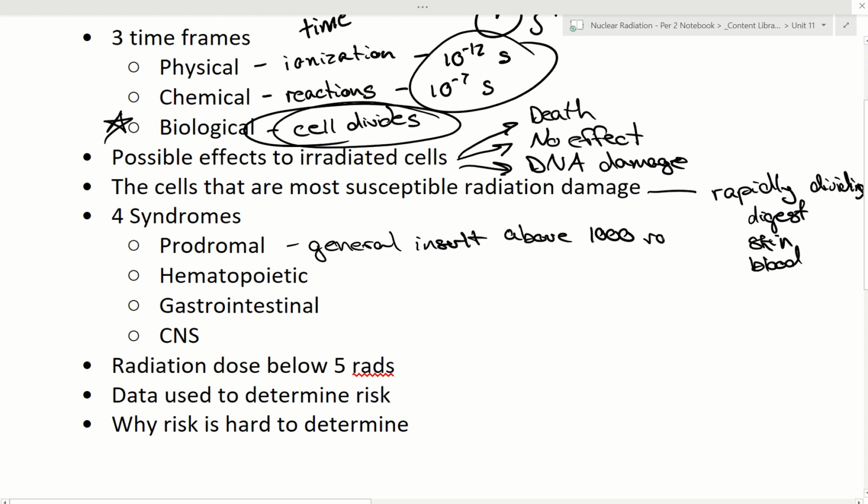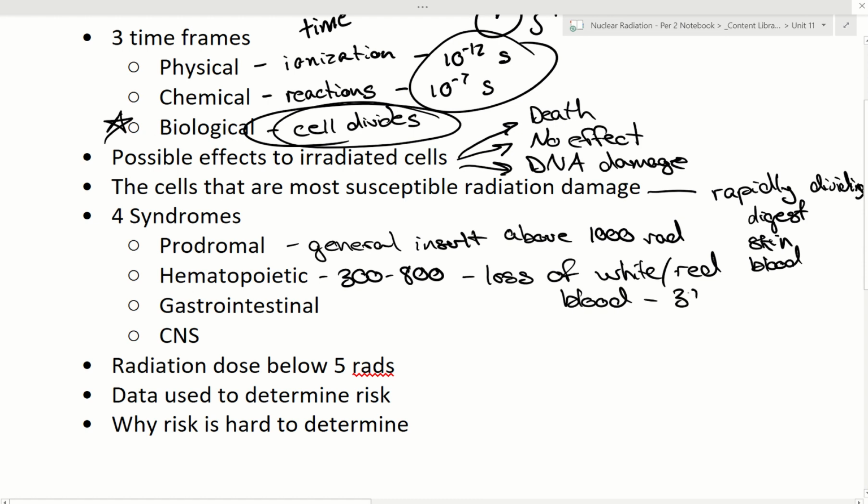So we're going to say 1,000 plus, right? The hematopoietic is between 300 and 800. And so that's a loss of white blood cells. So loss of white and red blood cells. And so that has a 30-day period. So after 30 days, they would start to regenerate.